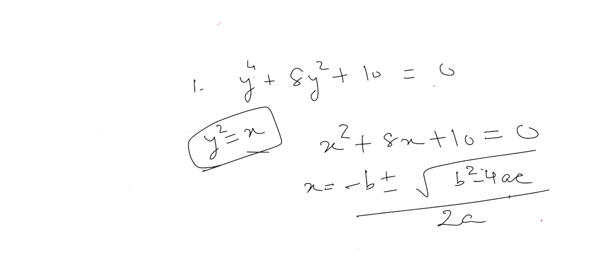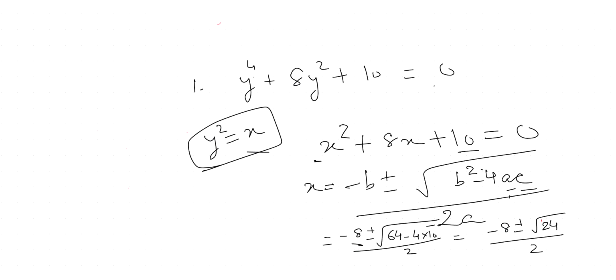If you substitute, you end up getting minus 8 plus minus root over 64 minus 4 into 10, upon 2. I've taken the value of b from the expression, which is 8 here, the value of a, which is 1, and the value of c, which is 10. And what I end up getting is minus 8 plus minus root over 24 upon 2.